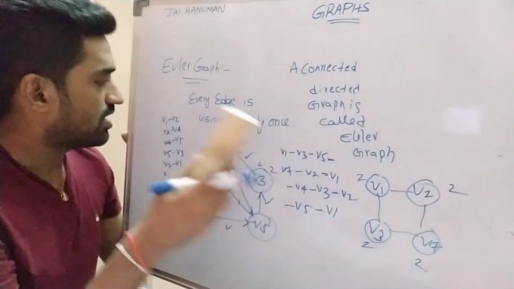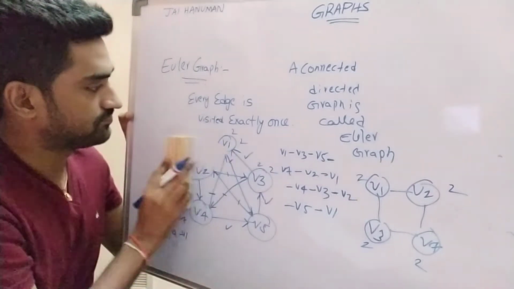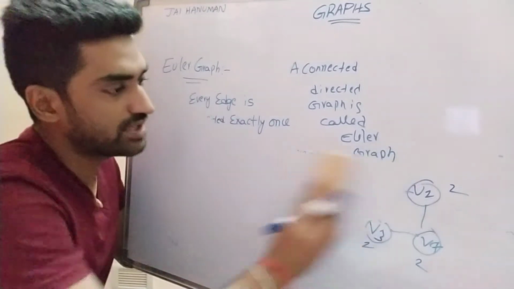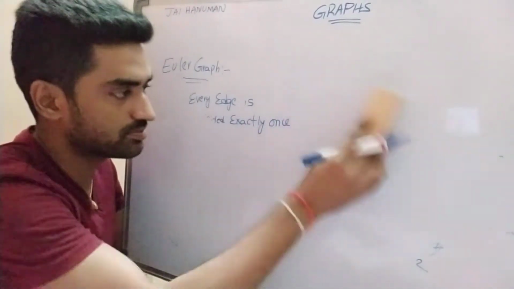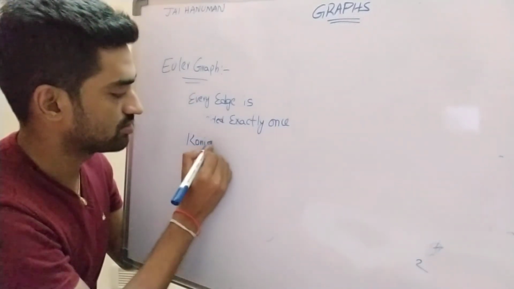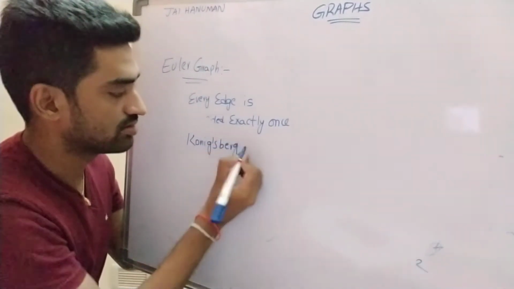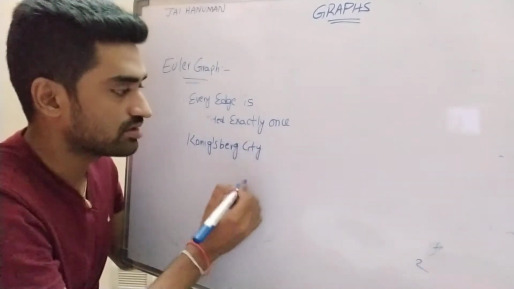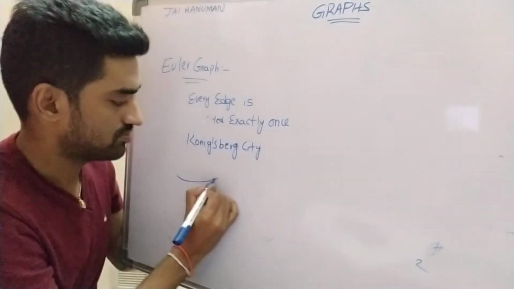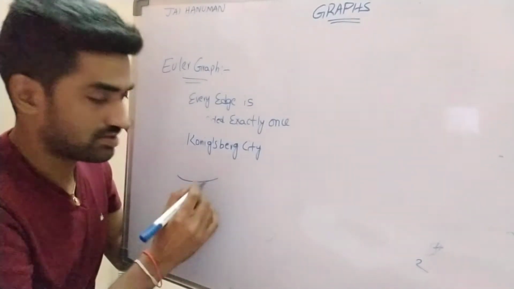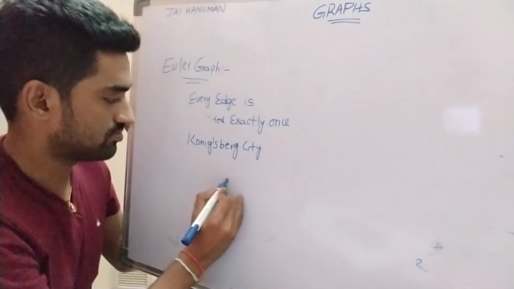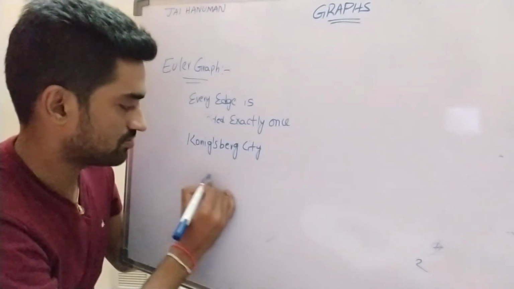Here I am taking one problem. We know very well about the Königsberg bridge problem. Here is Königsberg city. This is the general representation for a Königsberg city.